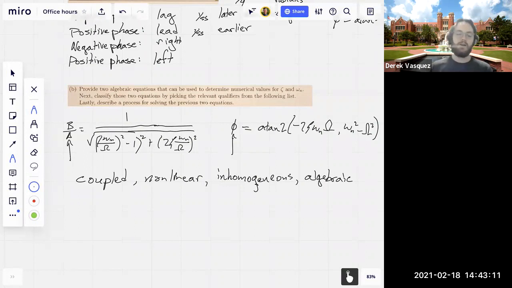So then we just have a process for how to solve them. There are many different ways you can go about solving them. The answer key literally says use MATLAB to solve two nonlinear algebraic equations.